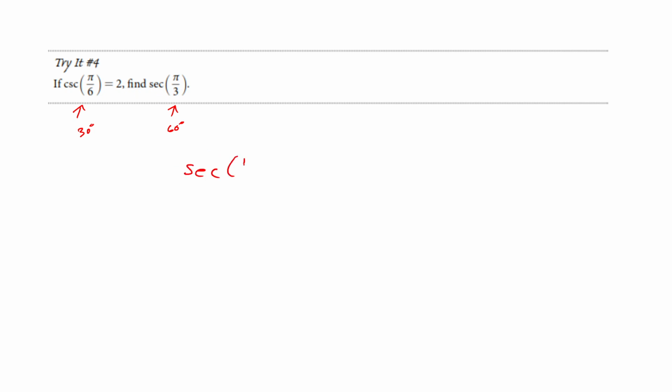So the secant of pi over 3 must be getting you the exact same thing. Now you got to use the partner angle, and you got to switch from one to the partner trigonometric function. But if you do that, switch from one angle to his partner angle, and if you switch from one trigonometric sign to his partner trigonometric sign, you're going to get the same value.